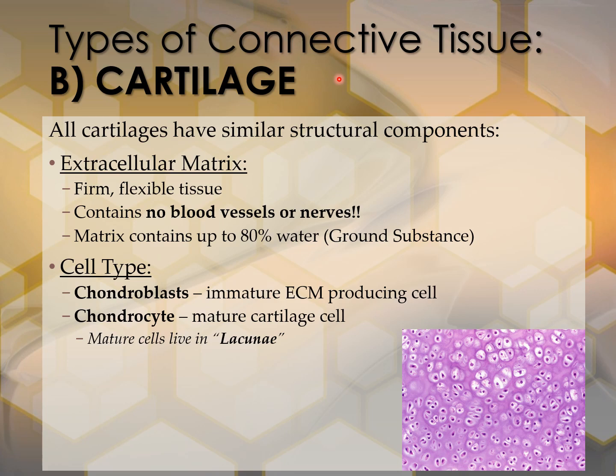Now, when we're talking about cartilage, we're talking about chondroblasts, right? So that's our main cell type. When we were talking about connective tissue proper, we talked about fibroblasts. Now we're talking about chondroblasts. So anything with chondro in it is talking about cartilage.